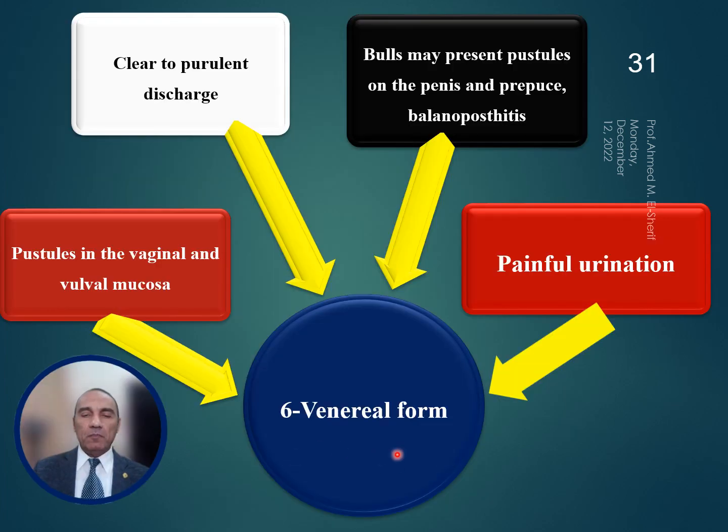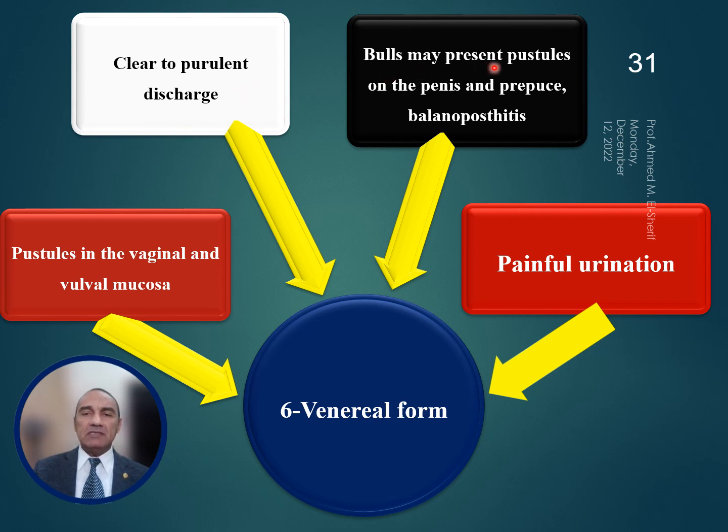The venereal form of infection with bovine herpesvirus 1 is characterized by pustules in the vaginal and vulvar mucosa, and clear to purulent discharge from the vagina.